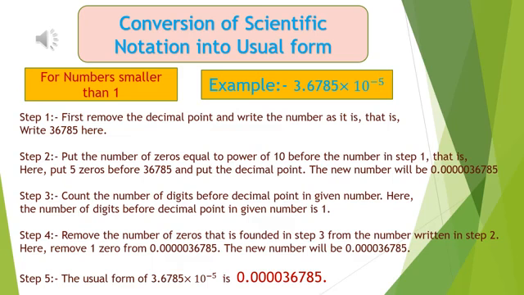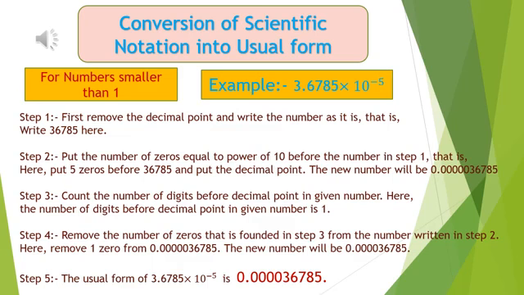Here the number of digits before the decimal point is only 1. Now, step number 4. Remove the number of zeros found in step number 3. We found only one digit, so we will remove only one zero from the number given in step number 2. So we will remove only one zero before this number.